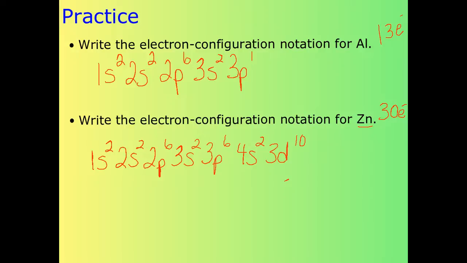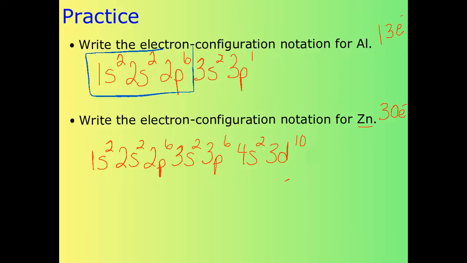Now, while this is much shorter than the orbital notation by eliminating the lines and arrows, we can actually get it even shorter. What you might notice is that the beginning of both of these electron configurations are exactly the same.